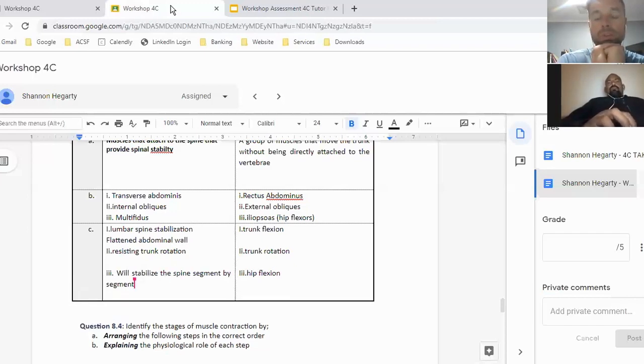The multifidus is very, very important. For example, if I was to sit here and rotate just 2 degrees, the tiniest movement, that's my multifidus working. As soon as I rotate this far, that's the obliques working. So the multifidus does the tiny movements, and then the obliques take over for the big movements.